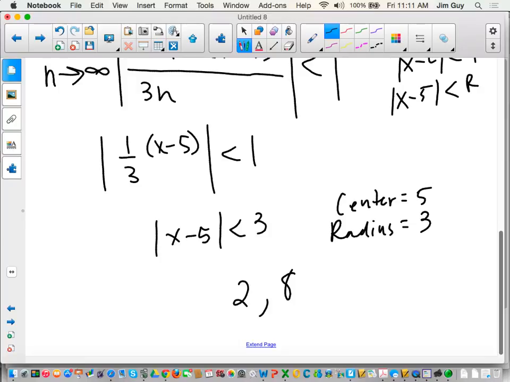Be prepared to moan. What about the endpoints? You don't know. You have to check and test them. We need to see what's going on exactly at 2 and 8. So we're going to plug them into the original equation one at a time and test that series.